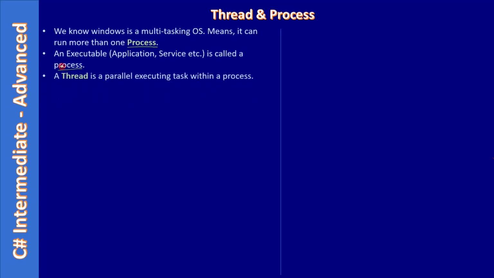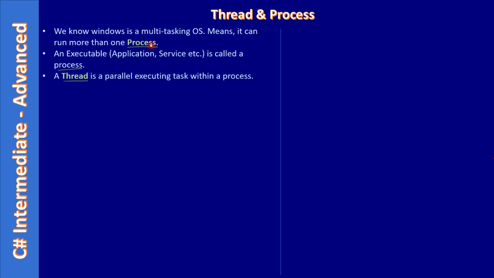A thread is a parallel executing task within a process. So we are talking about processes, right? The Windows operating system can span multiple processes. A process can span multiple threads. So a thread is a parallel executing task within a process.